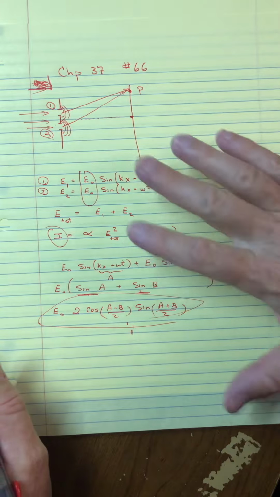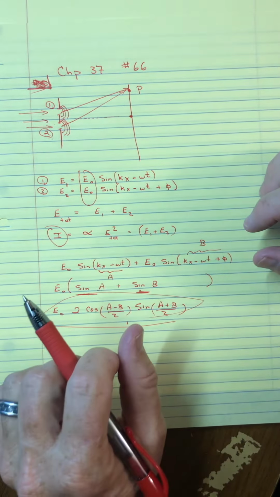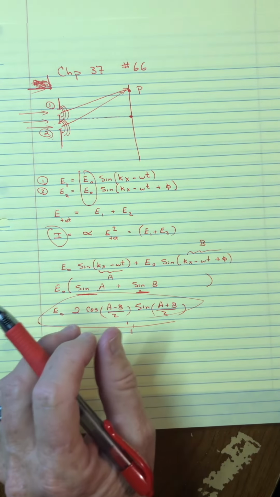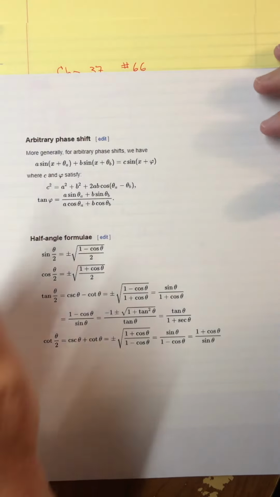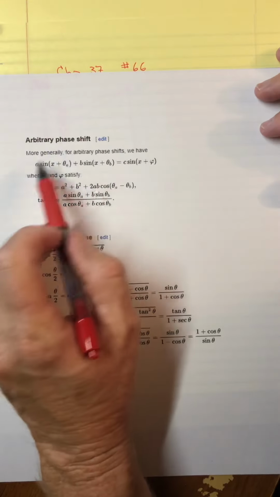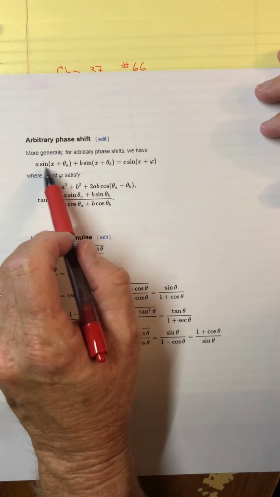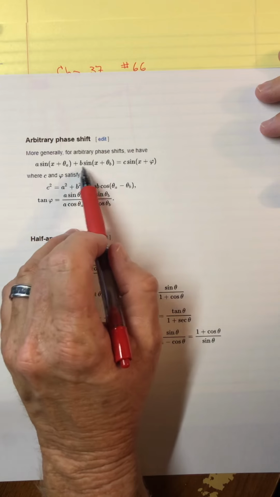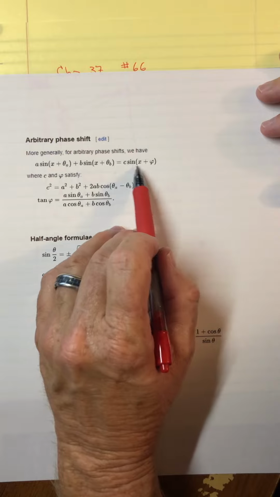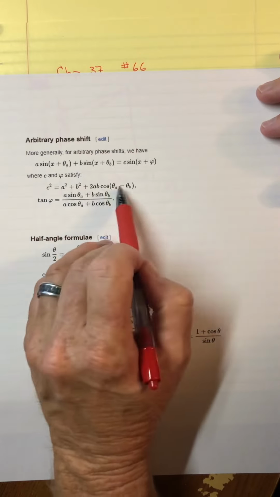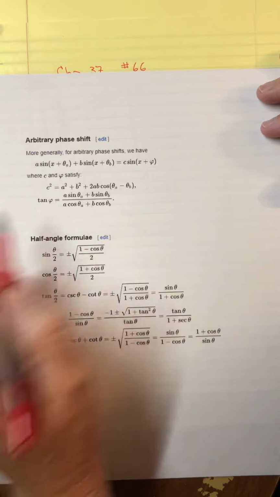But what I need to do, before I get started really doing this problem, is to look up some trig identity. So I did that, and I printed it here. And here is the arbitrary phase shift. The more general one: if I have some amplitude A sine with a phase added to some amplitude B sine with a phase, this is what it equals, where C is given by this parameter and this phase angle is given by this parameter.